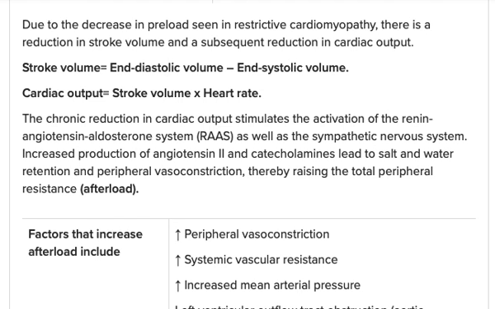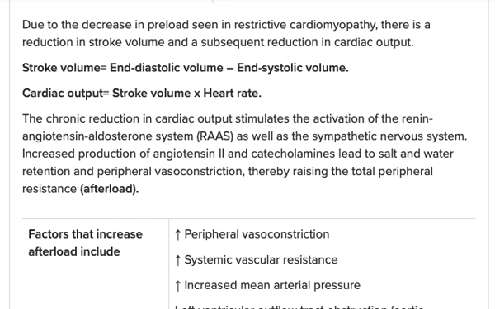The chronic reduction in cardiac output stimulates the activation of the renin-angiotensin-aldosterone system, RAAS, as well as the sympathetic nervous system.